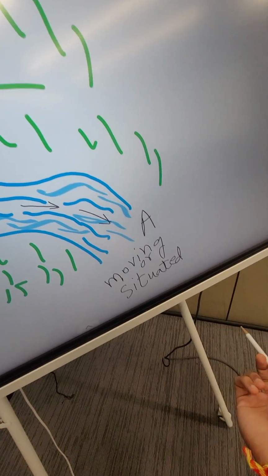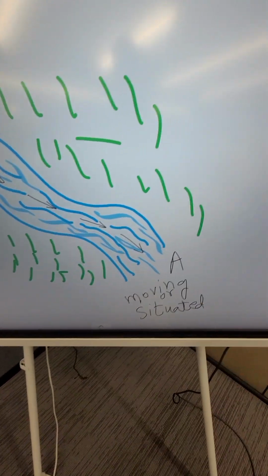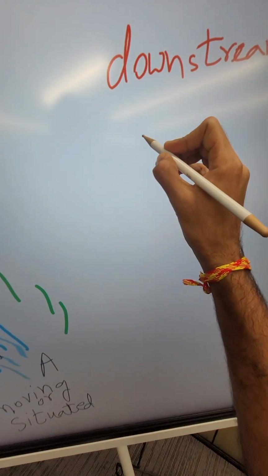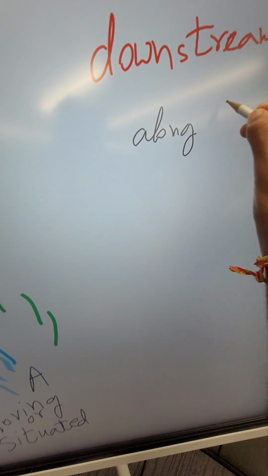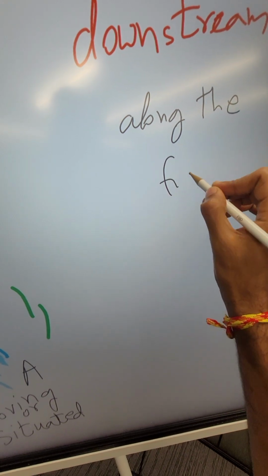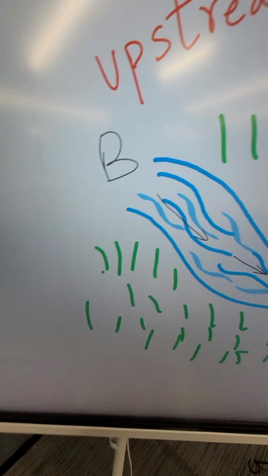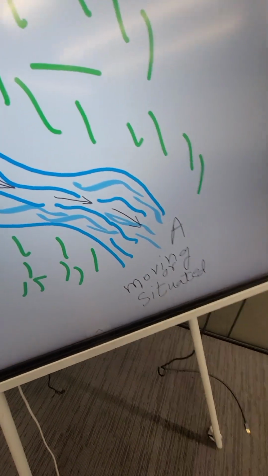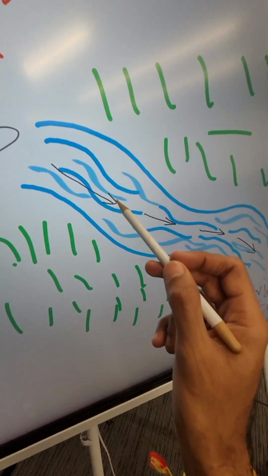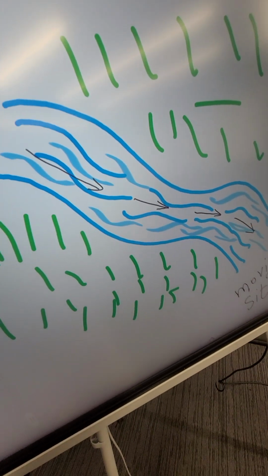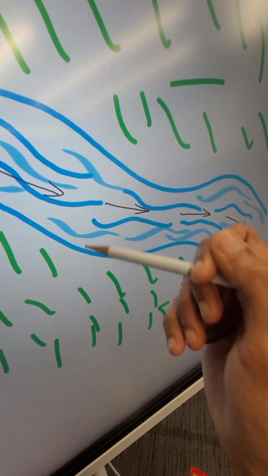And the direction along the flow is called downstream, right? So B would say A is downstream. Or if there is a boat going in the direction of the flow of the river, it would be called as the boat is going downstream.